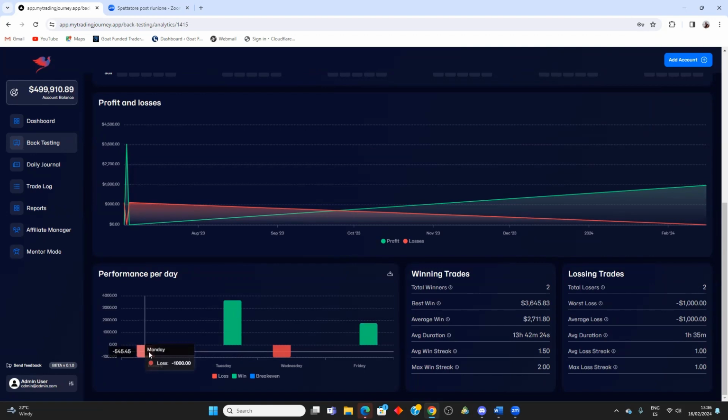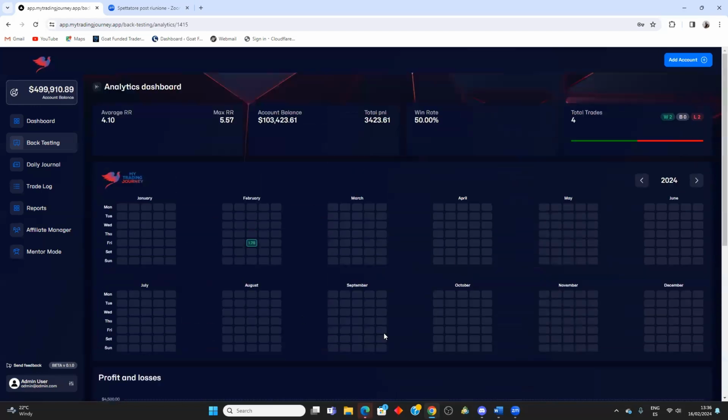So maybe what I'm going to do is stop trading on Mondays, so my performance will get better by X amount of percent. Maybe I will make 30% more each year just by not trading on Mondays. So this is why this is really important, and it will give you all the analytics that you need for your strategy.